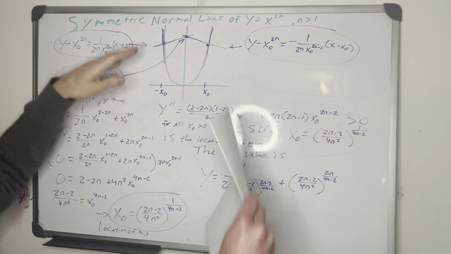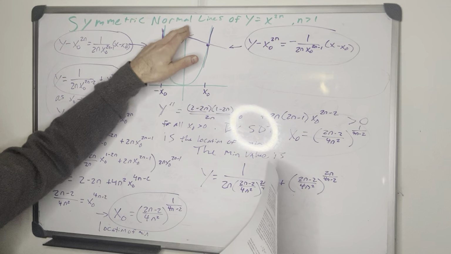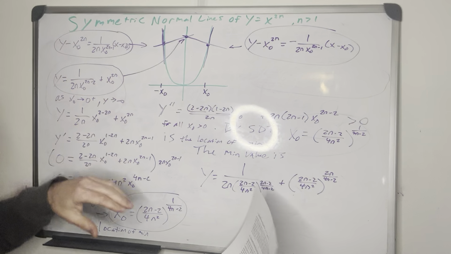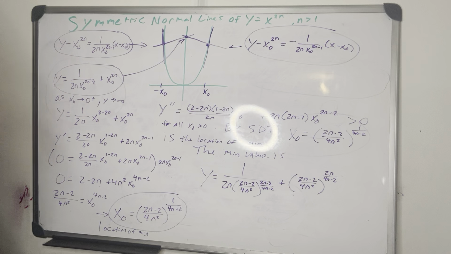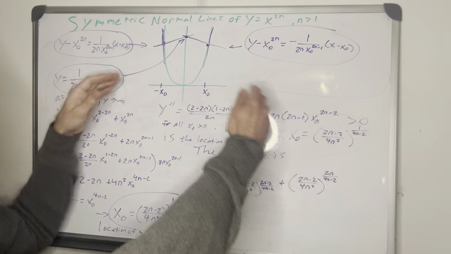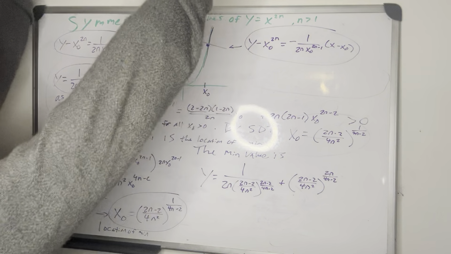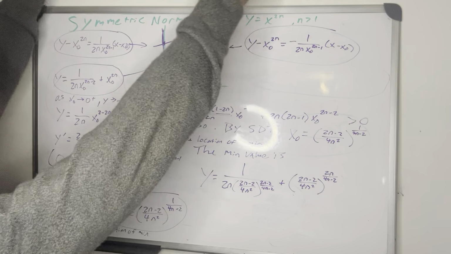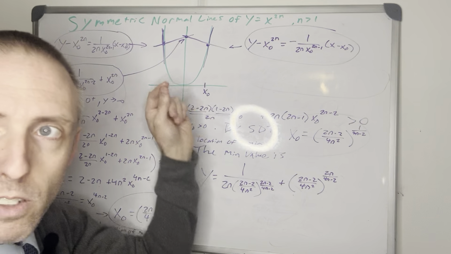Okay, so you have your two lines. They always intersect somewhere on this axis. And what happens if x0 goes off to infinity? The two points here and here go off to infinity, as well as the intersection point.